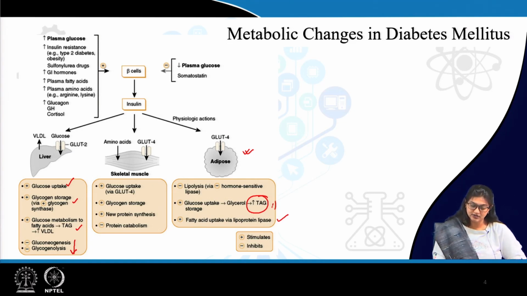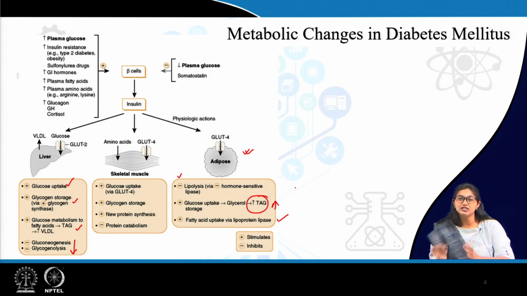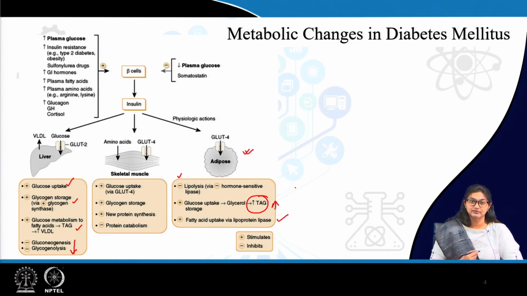So, basically there is increase of triacylglycerol and it inhibits lipolysis. The stored triacylglycerol will not be degraded. In case of diabetes mellitus, functions of insulin are not there. So, what will happen? The stored triacylglycerol will be degraded and will come to the circulation. So, there is hyperlipidemia; the mobilization of fat is increased in diabetes mellitus.